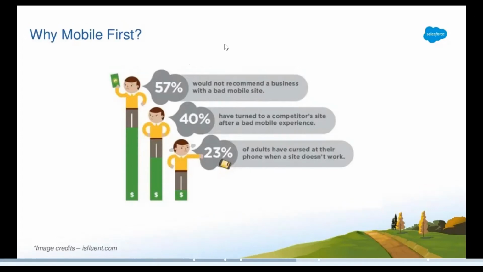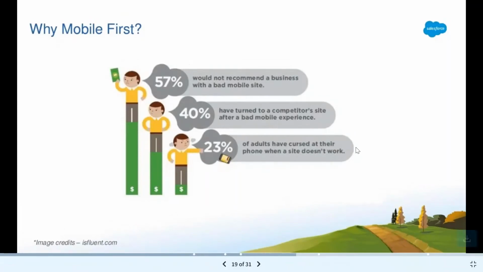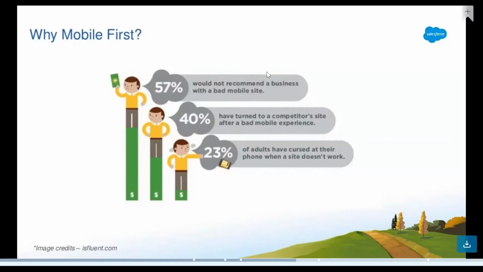Okay. How is Commerce Cloud different from B2B commerce? Do you all understand the difference between business to business and business to consumer? Can you briefly describe what B2B and B2C are?